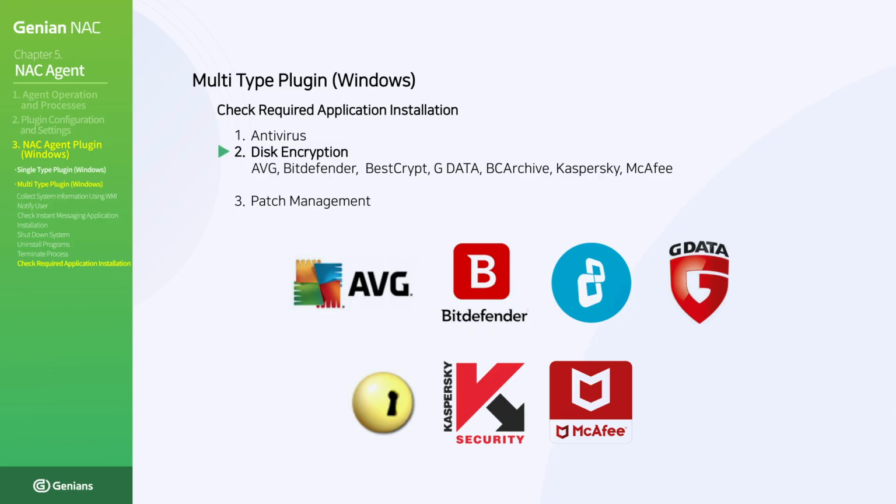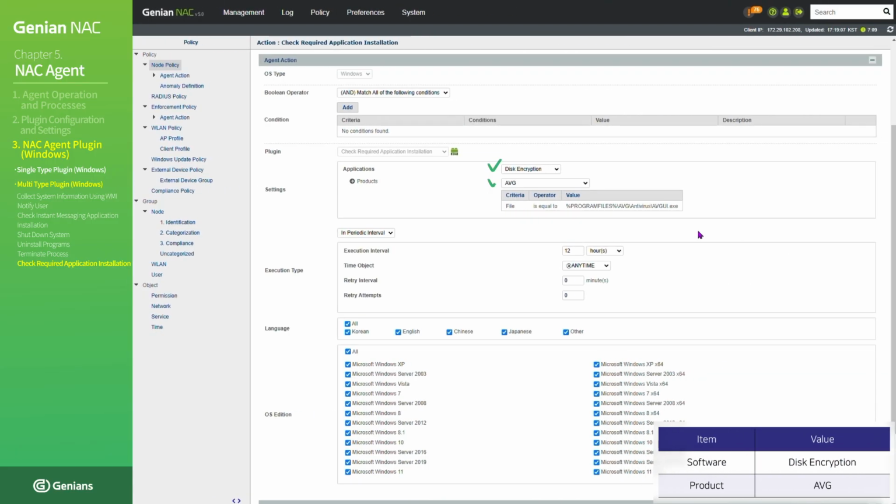Disk encryption programs. Checks for the installation of disk encryption software from 7 specified vendors. To inspect the required software using the Check Required Application Installation node action, the following configurations are necessary.